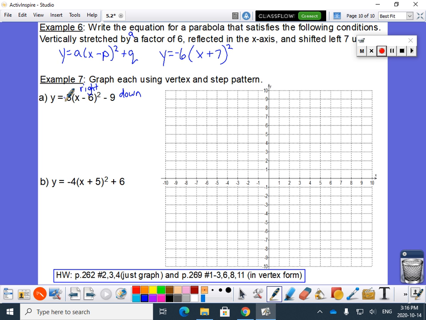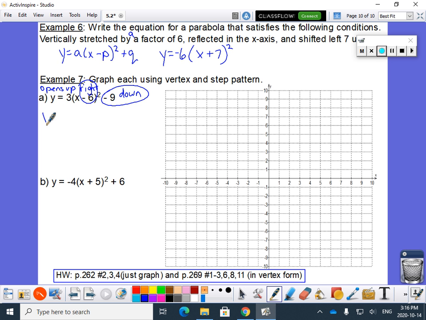Keep in mind, the A value is positive, so I'm going to put here, opens up. Okay, so I'll say right because of the negative 6, down because of the negative 9, and opens up because of the positive 3.